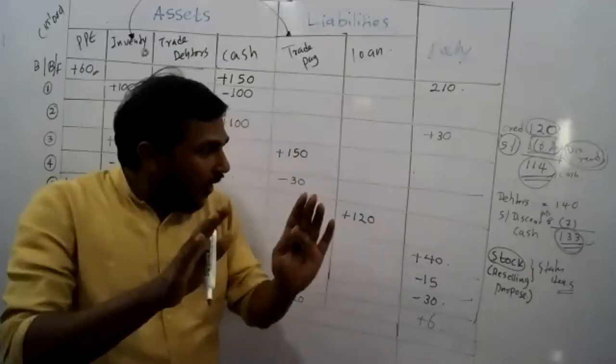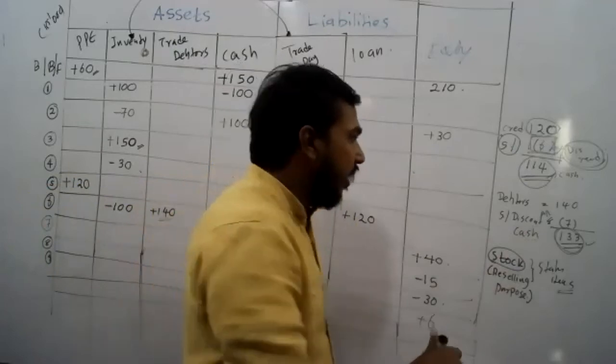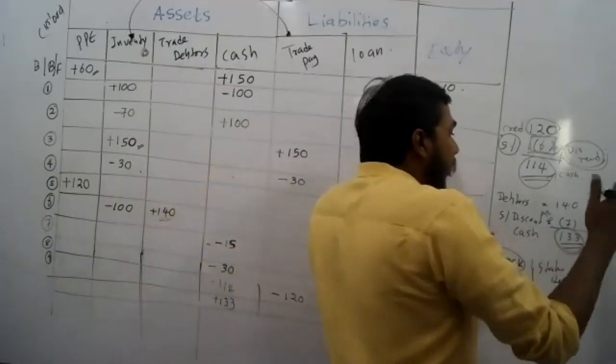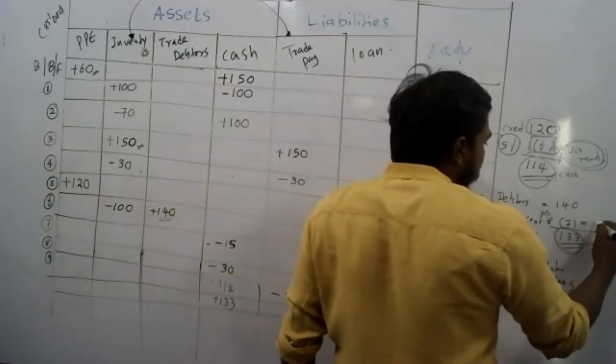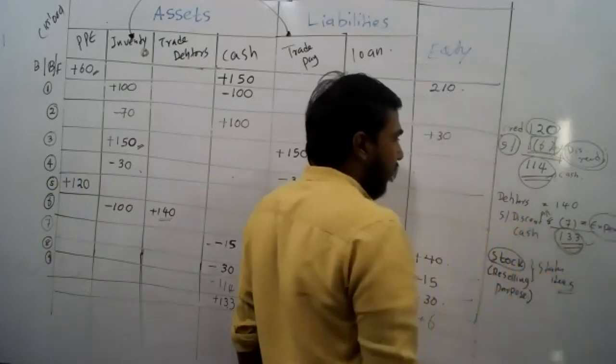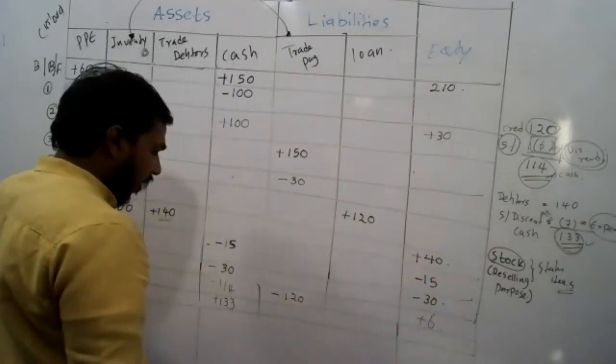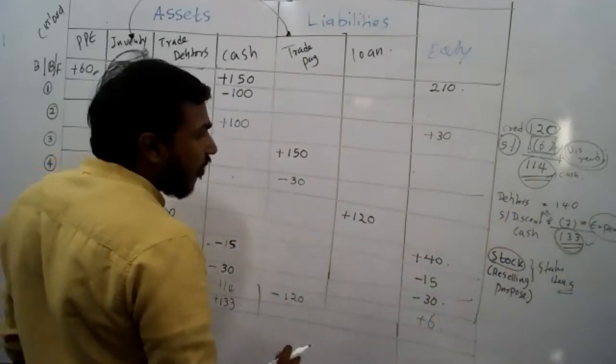But this time you are giving a discount to debtors, so this is discount allowed. It is an expense. Discount allowed is 7.